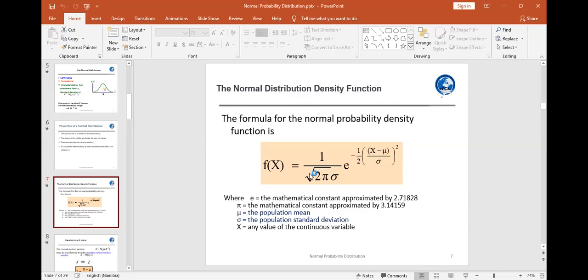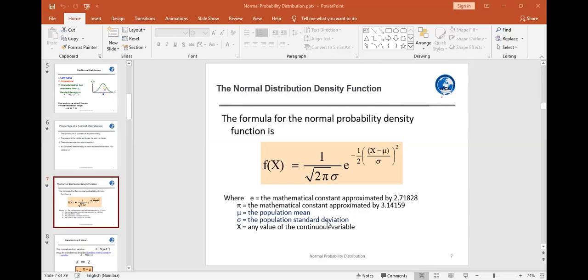If you look at the formula, what you see here is pi, 2 pi, and pi is a number which is 3.14159, and e is also a number, an exponential. And this one here is our mean, the population mean, which will be given.